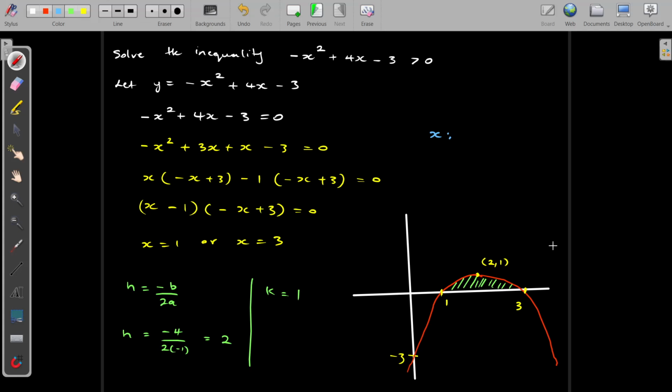You want like the range, so it would be 1 is less than x, but x is less than 3. So that would be our range of values, and this would be the solution.